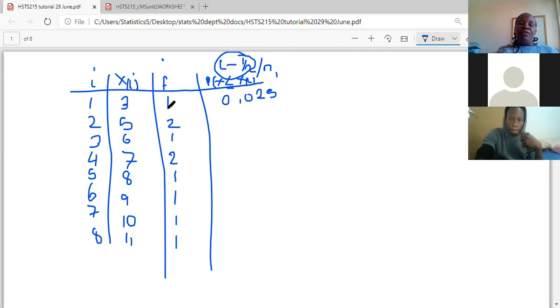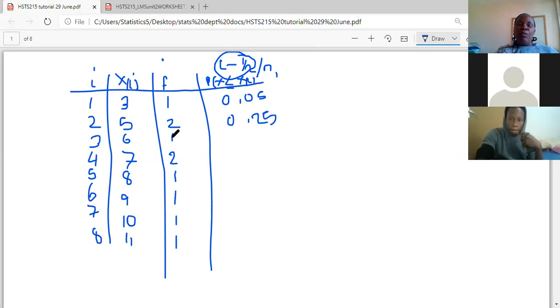Here, the cumulative frequency will be 1 plus 2, which is 3, minus half, so it's 2.5 over n. So it will be 0.25.